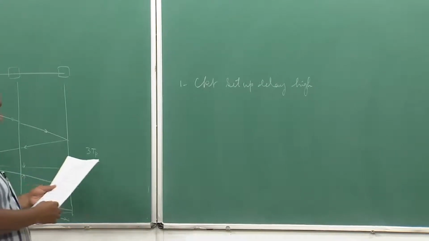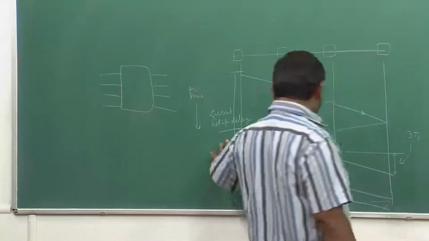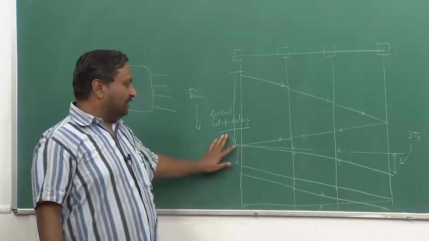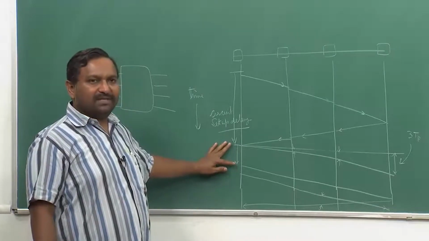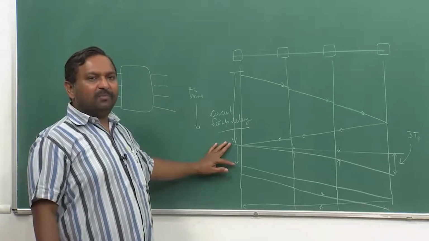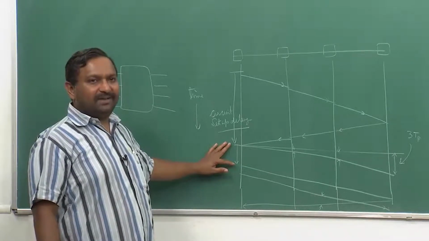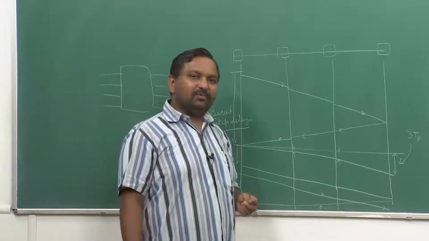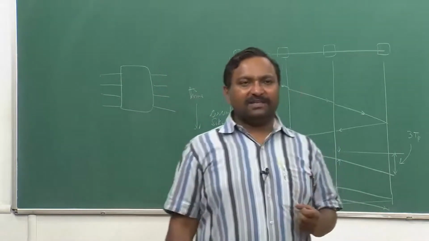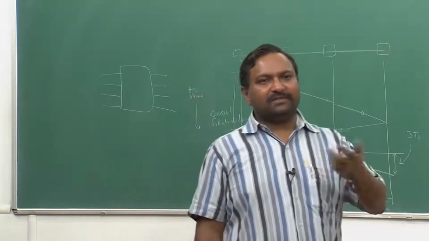The second thing which happens is that once you have set up a circuit, even if I am not speaking, my bandwidth is going to be reserved for me. That whole path is reserved for me. So bandwidth will not be used if I am not communicating. And typically in voice communication, when two people are communicating, one of them will be listening, the other one will be speaking, and these roles keep on changing.